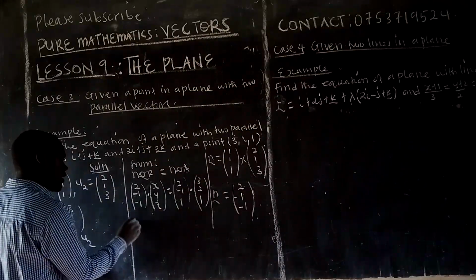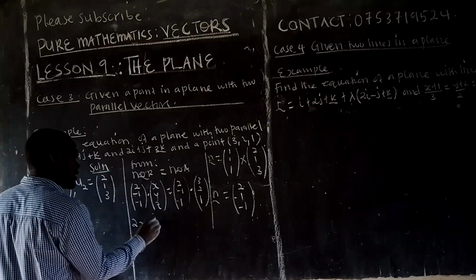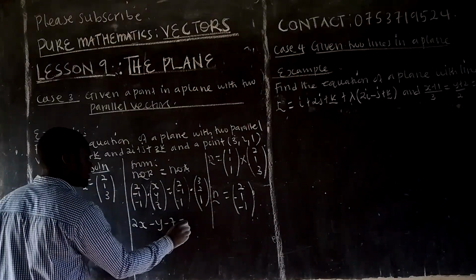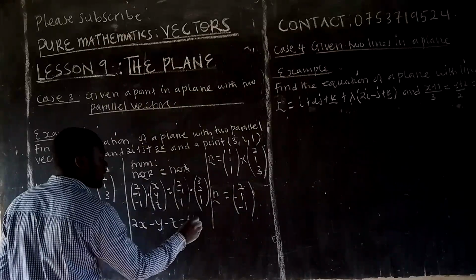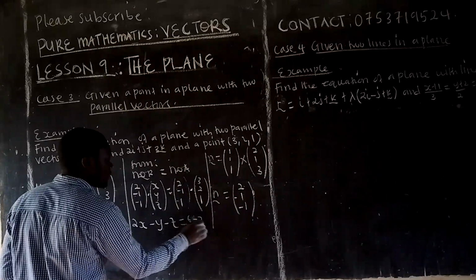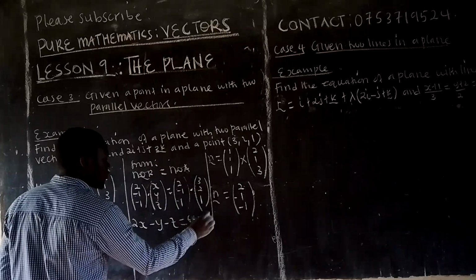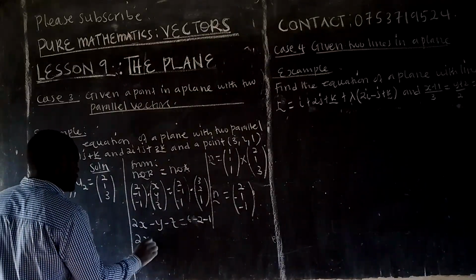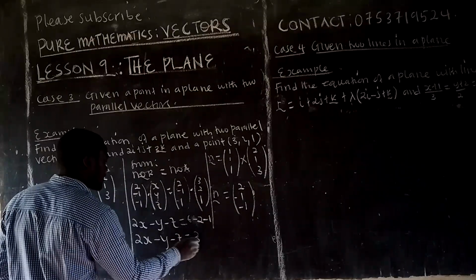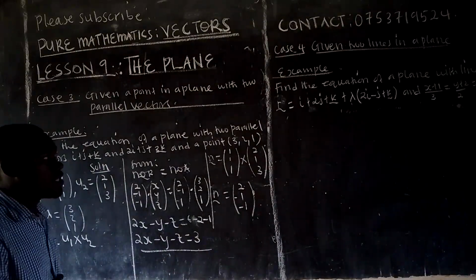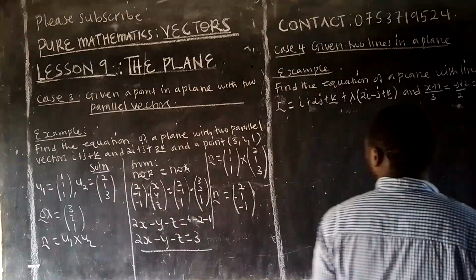So multiplying this will be 2x minus y minus z, equal to 2 times 3 which is 6, minus 2, then minus 1. So therefore, our equation of a plane will be 2x minus y minus z equal to just 3. And that is your equation of a plane.